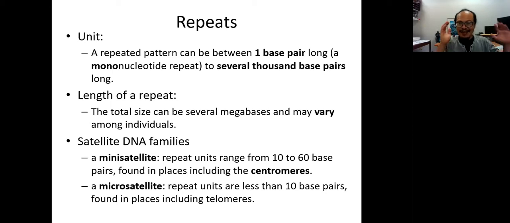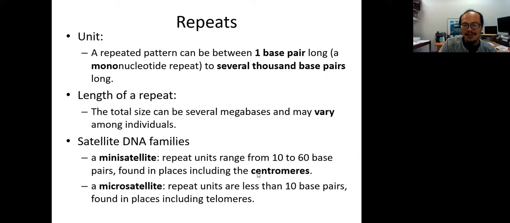The length of the repeat means that it can have 1 copy or 2 copies or 100 copies or 1,000 copies; it can vary. Based on the size of the repeat unit, if the repeat units range from 10 to 60 codes, it is called a minisatellite repeat.